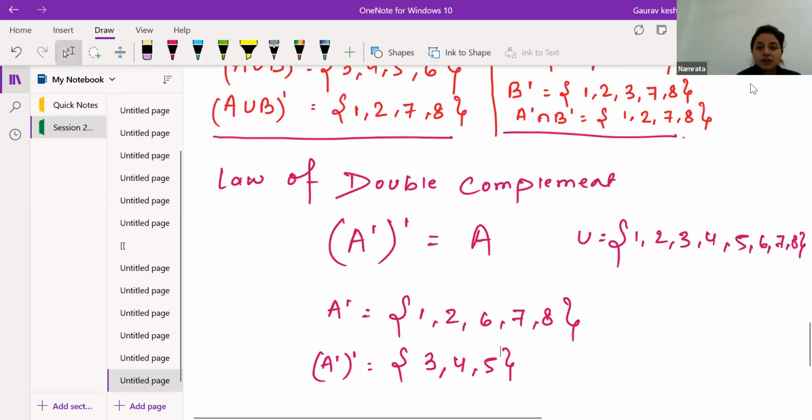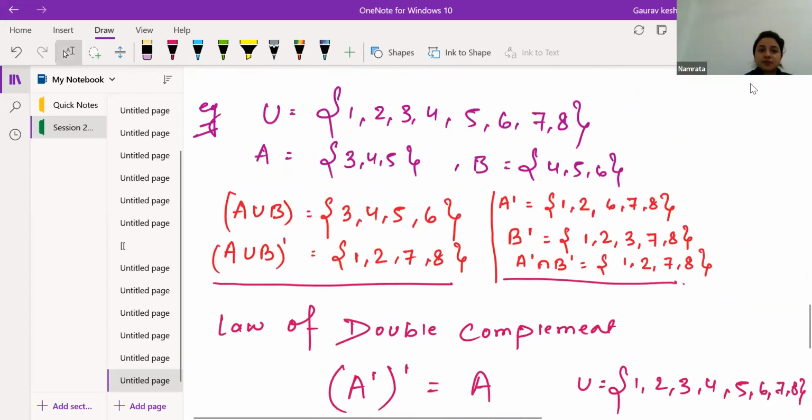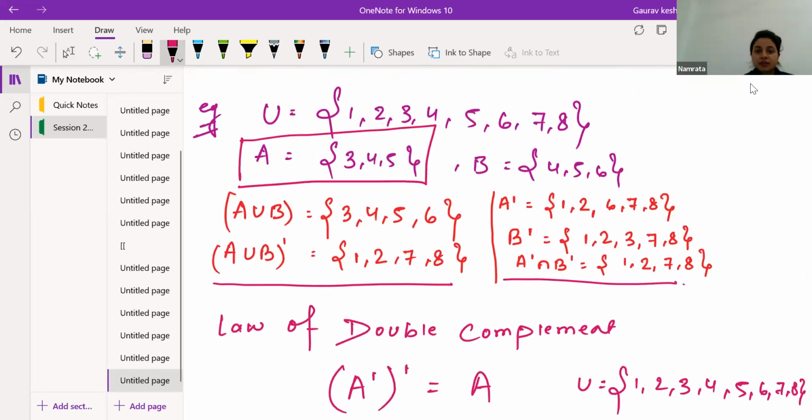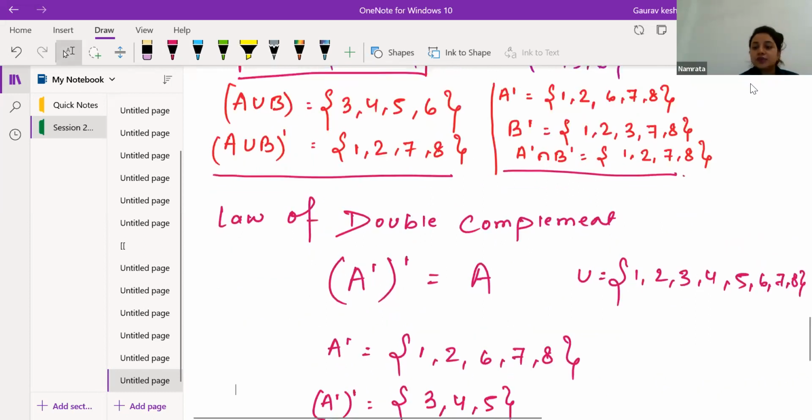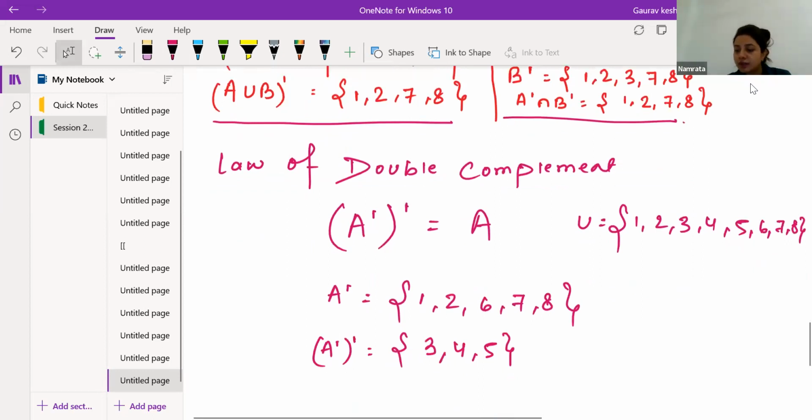Here, can you see we got exactly the same. So A complement, and again if you do the complement of that, you will end up having A only. Okay.